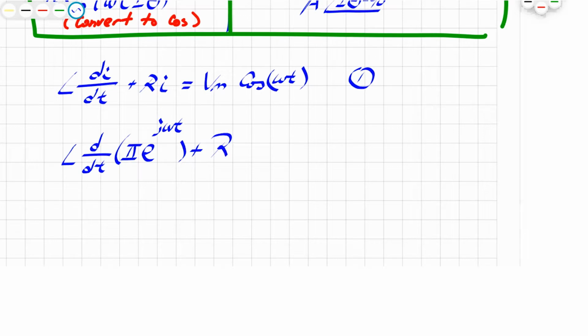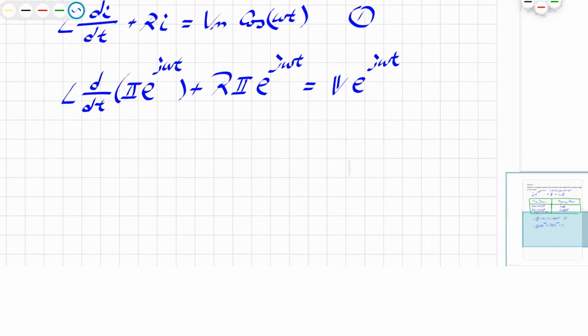Plus R times I, again the I is the phasor here and has the time function component, and that is equal to V. And V is just the phasor V because it contains everything here.